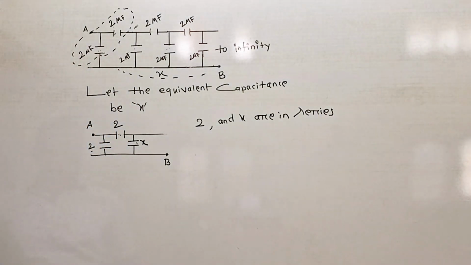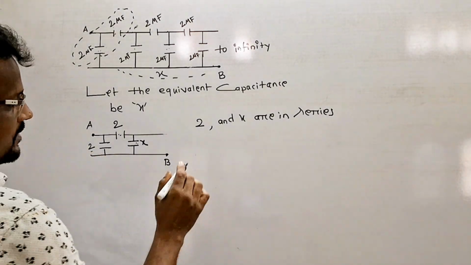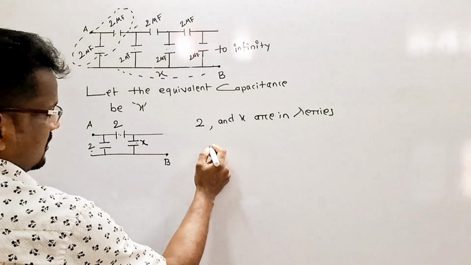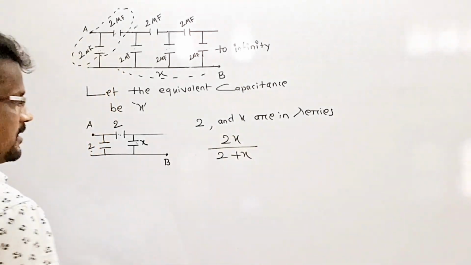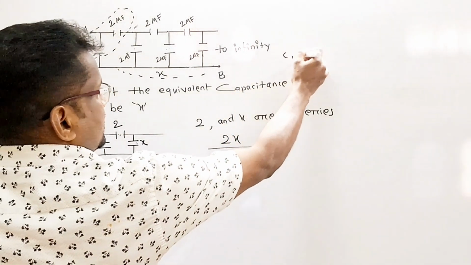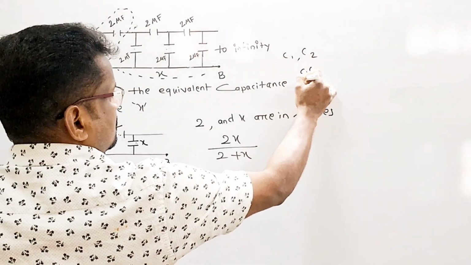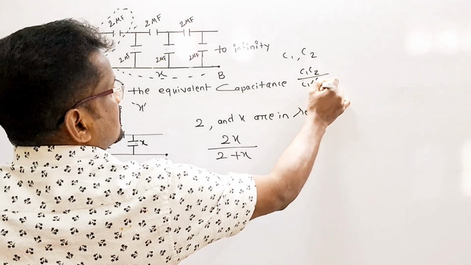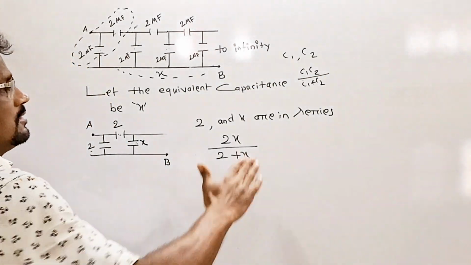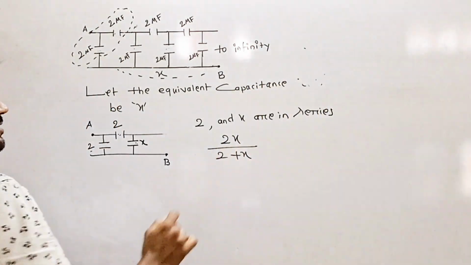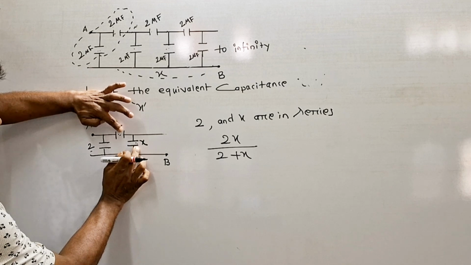If these two are in series, the total capacitance for these two capacitors is 2X over 2 plus X. Directly you can write: if C1 and C2 are in series, then equivalent capacitance is C1 C2 by C1 plus C2. It comes from the fact 1 by C equals 1 by C1 plus 1 by C2. So this is the total capacitance of these two capacitors.